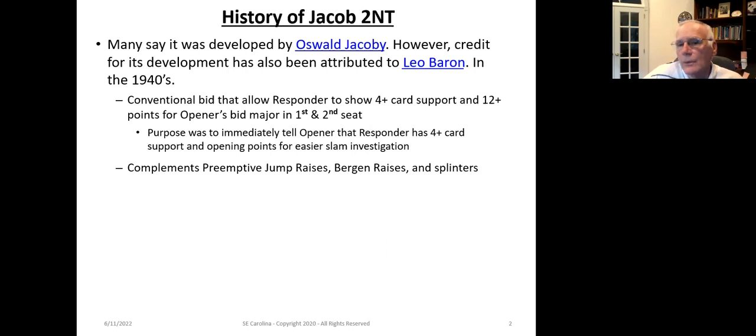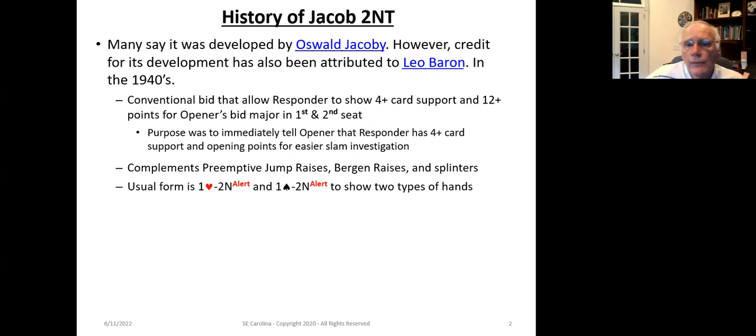Many of these were later additions after Jacoby two-no trump. So it appears that the Jacoby two-no trump with 4+ card support may have been one of the first innovations to take place. The usual form of this is your partner opens one heart, you go two-no trump, or one spade, and you go two-no trump.